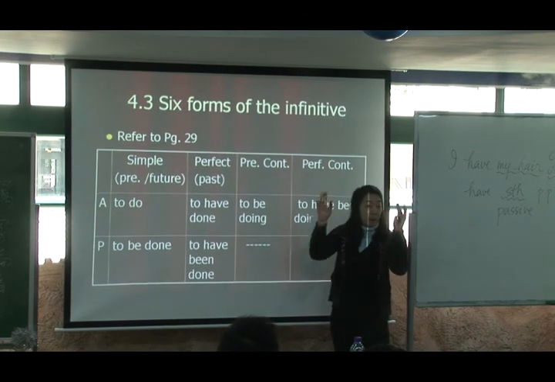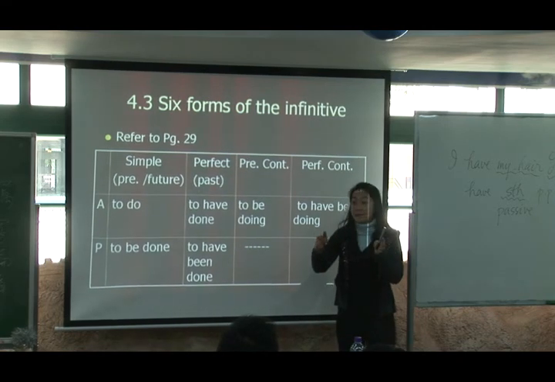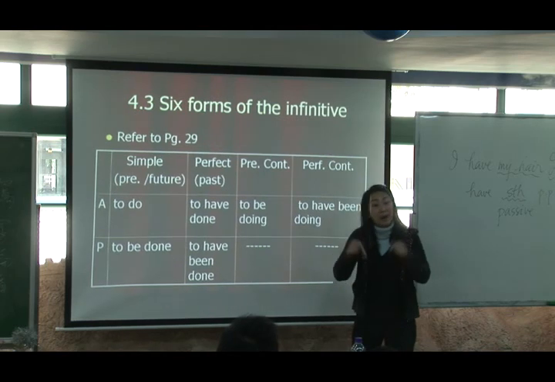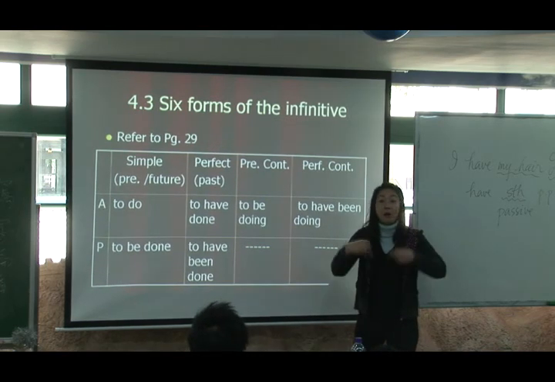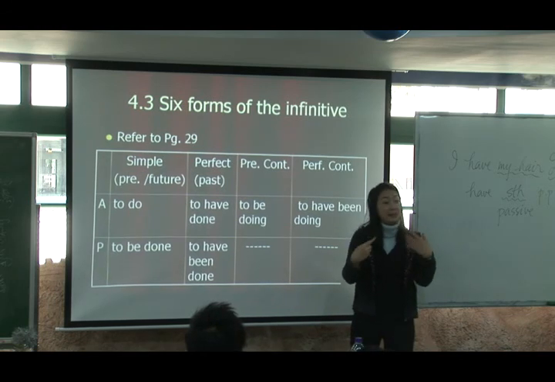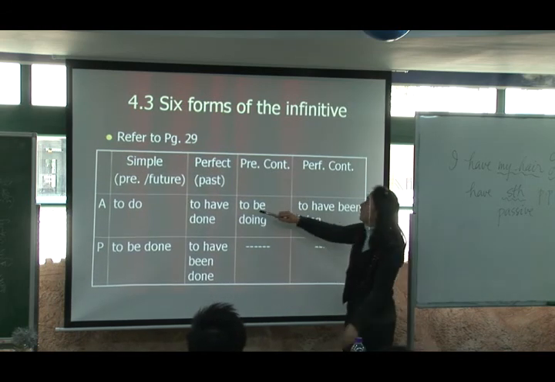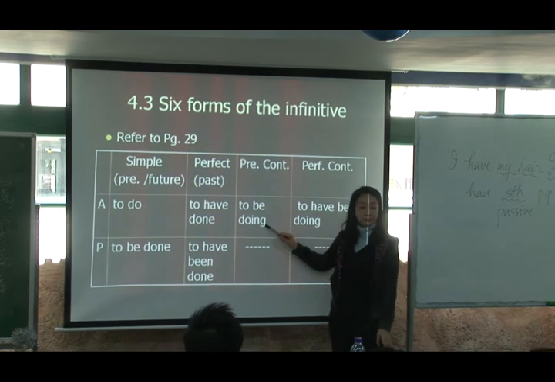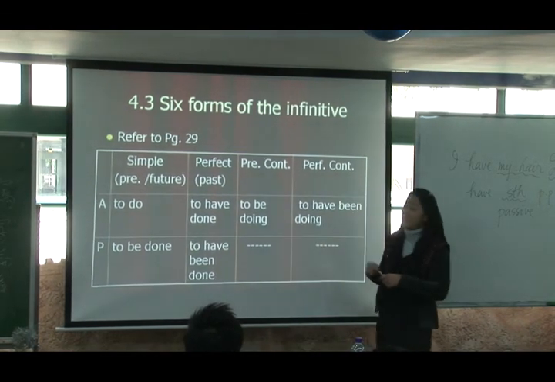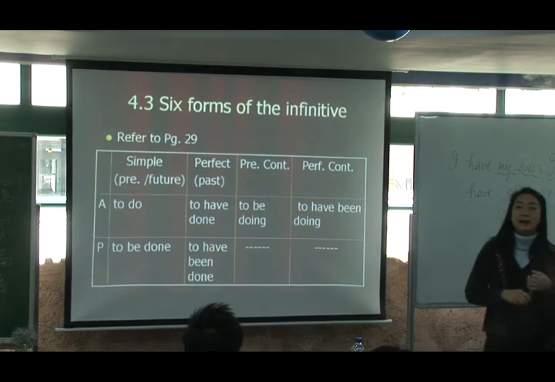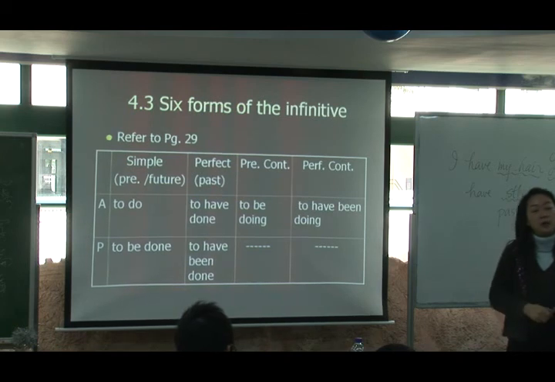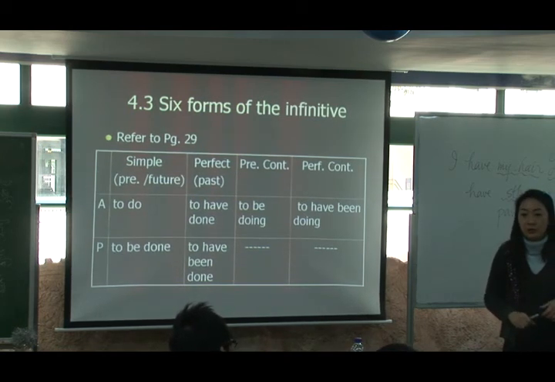If we have two actions, they are both happening at the same time or almost at the same time. Or now, we call it now. While we are speaking, you are listening. Happening at the same time, now, okay? To be doing. Alright, to be doing. Perfect continuous. Don't you remember present perfect continuous? How do we use present perfect continuous?